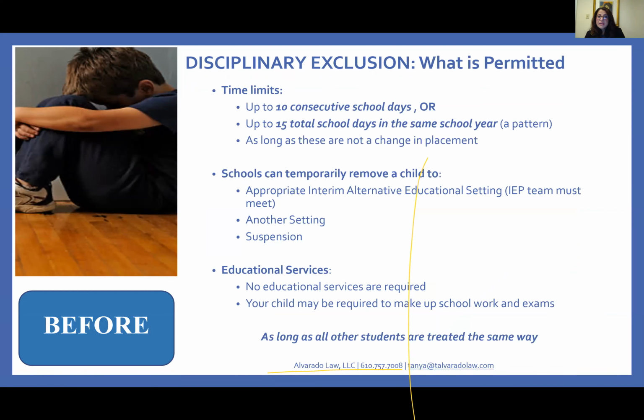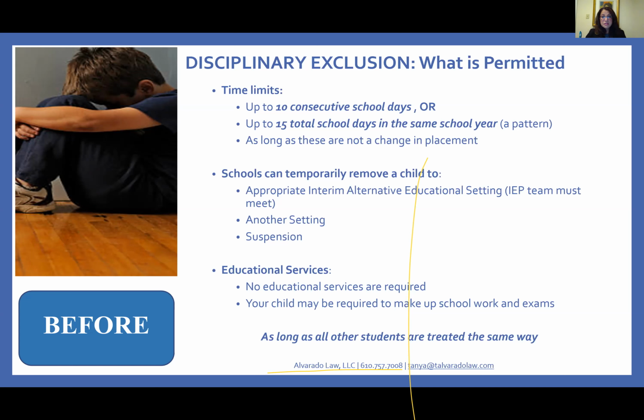So your child can be excluded. I'm going to use the word suspended. Sometimes they're placed in a different classroom or a different school placement, but the school district can do it for up to 10 consecutive school days a year without all these protections kicking in. So 10 consecutive school days.